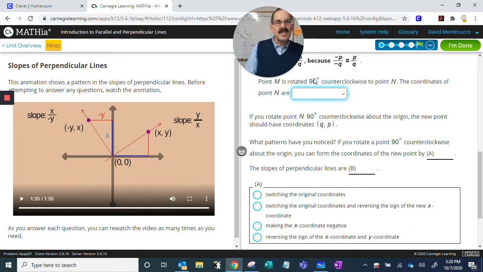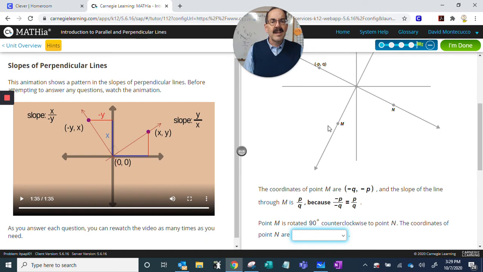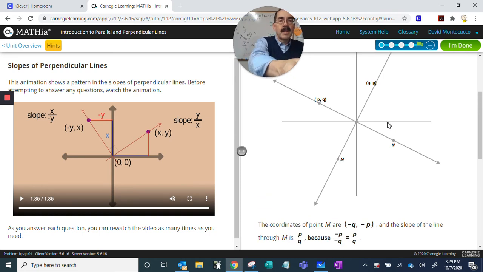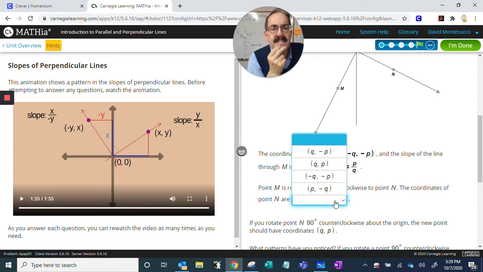Okay, now, if M is rotated to point N, bring it over here, we're going to flop it again, right? So now this is going to be P, Q. Down P over Q. Where's a down P?